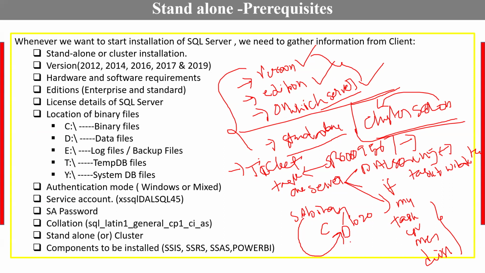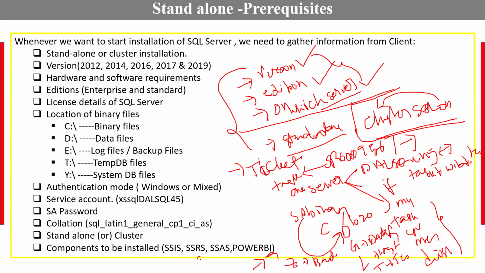One more best practice: data files will go to a separate drive. Log files will go to a separate drive. Tempdb will go to a separate drive. Backups will go to a separate drive. Any application data will go to a separate drive.